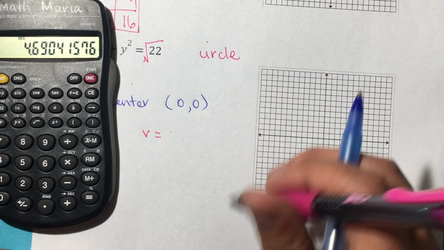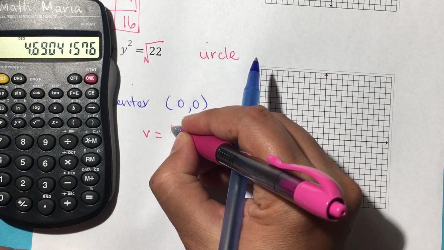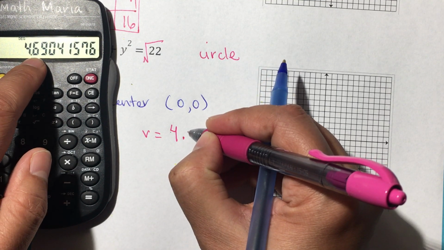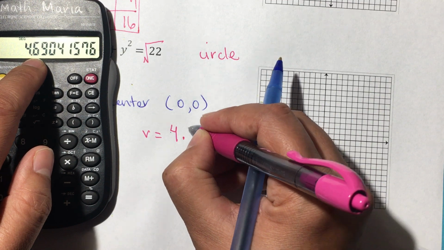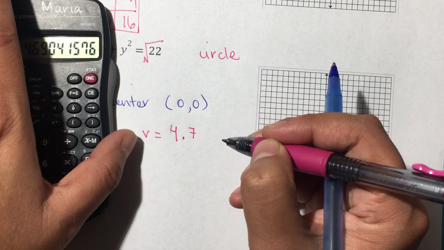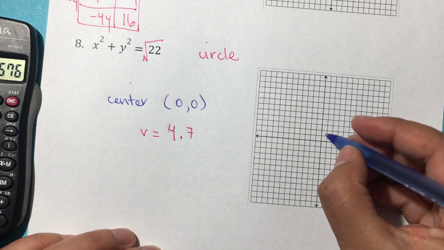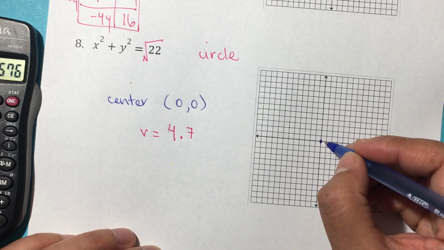22, the square root of that is 4 point. We're going to round it to the 10th because that's 9. When it's 5 or more, then that gets 1 more. Okay, so 4.7. And we have 0, 0 for the center.